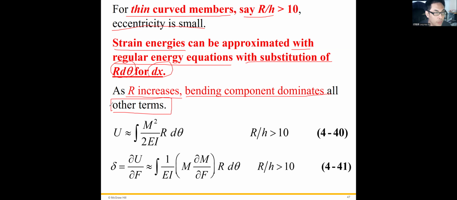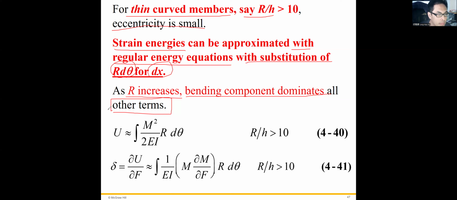So for the thin curved beam, this energy can be approximated with the regular energy equation with substitution of R d theta for dx. And when the radius of the thin curved beam increases, the bending moment dominates, so we don't have to take other terms into account, say the actual force or the transverse shear. We only have to focus on the bending.